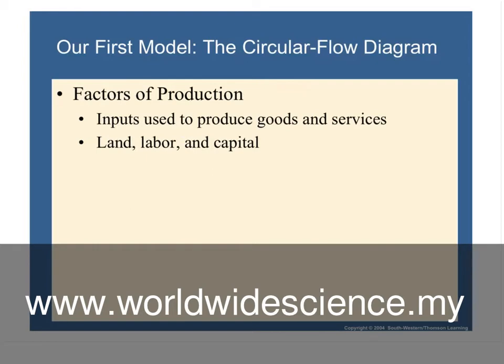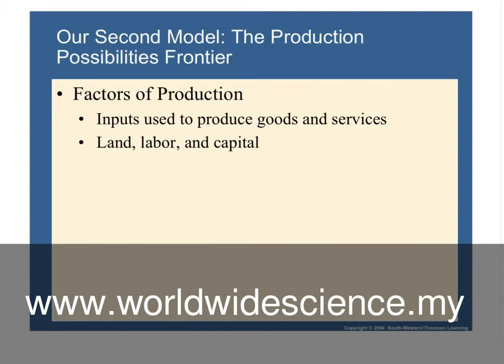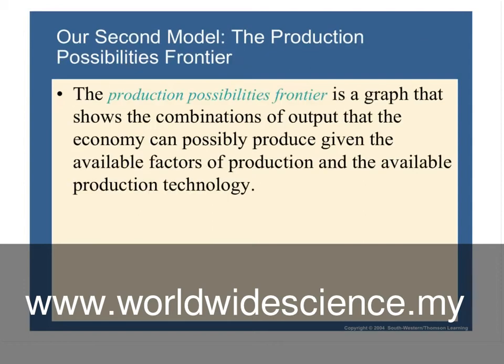We can produce all these at the same time, as you can see here. So going back to the explanation, the graph was showing you a combination of outputs of the products, using the available factors of production and available production technology. So all these different production levels give us a production possibilities frontier.